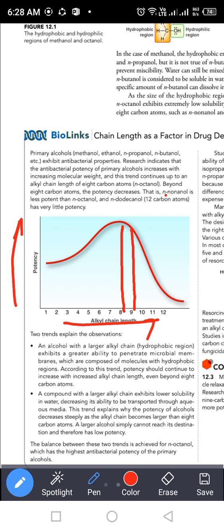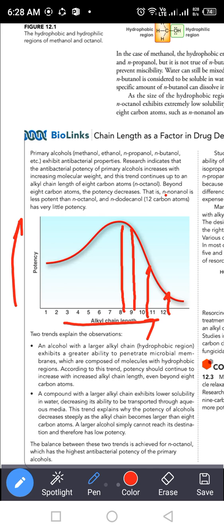So why does antibacterial activity increase up to 8 and 9 carbon, octanol and nonanol? It decreases further if we increase the number of carbon atoms to decanol and dodecanol, the 12 carbon alcohol, where antiseptic and antibacterial activity decreases.